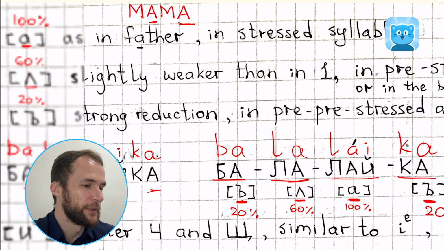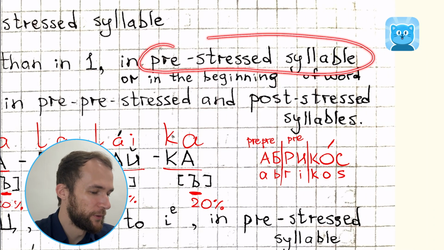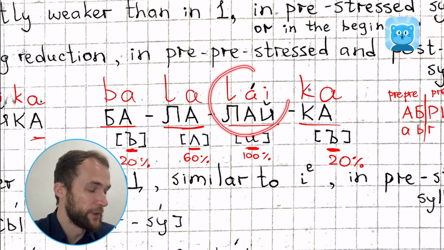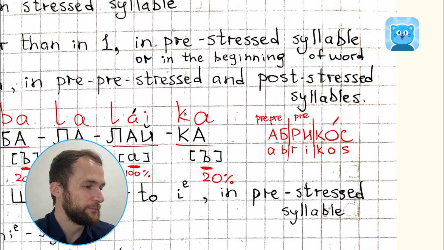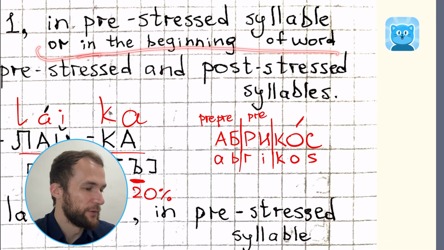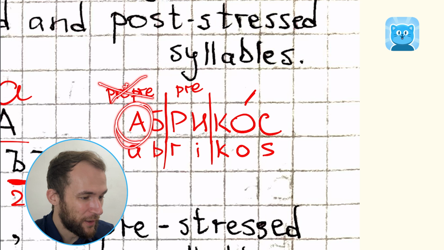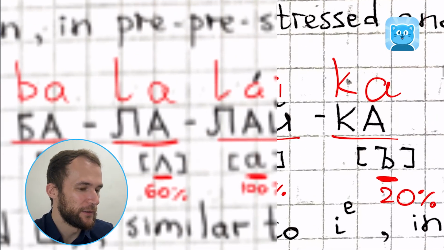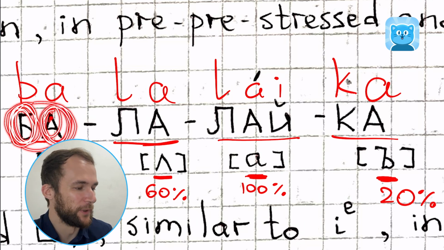So slightly weaker than in one. It comes in a pre-stressed syllable, which is, this is stressed, this is pre-stressed, so we are looking at this one, or at the beginning of the word. So even if it's pre-stressed, but it's the beginning of the word, right? Here it's not the beginning, it's already the second one.